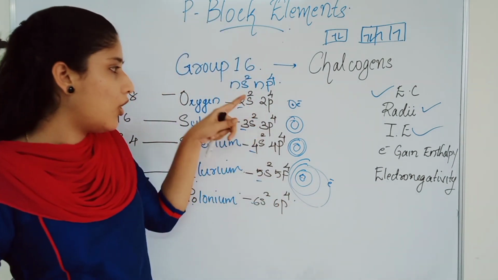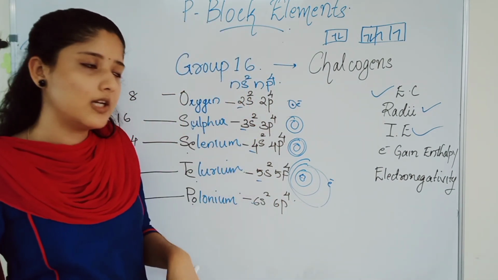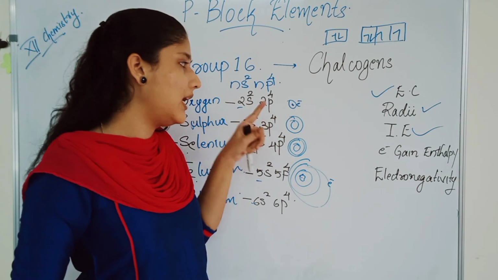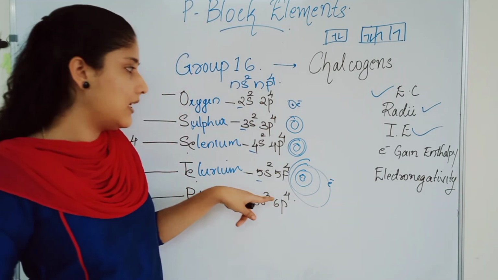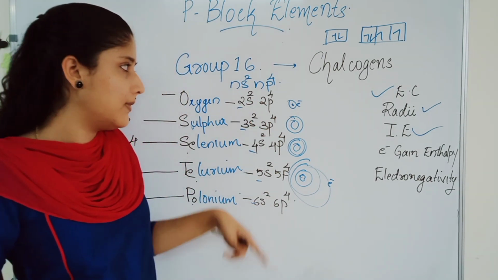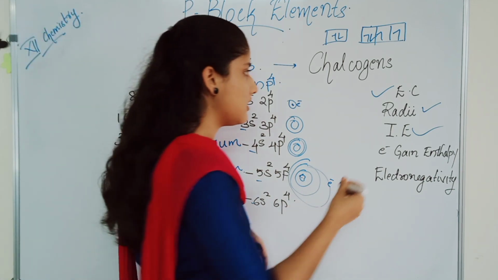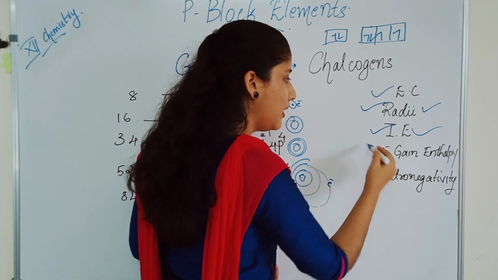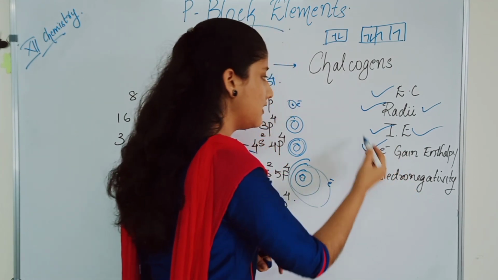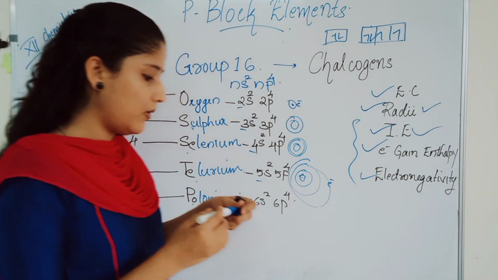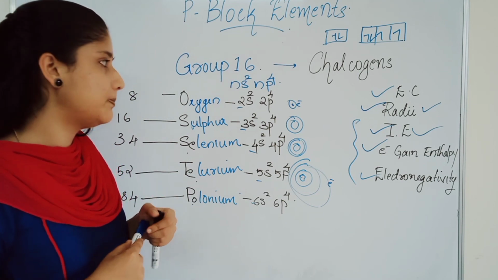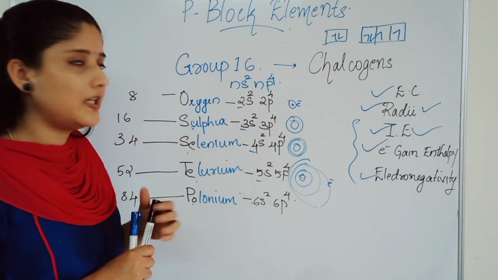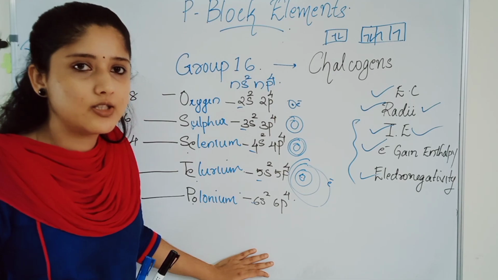So from top to bottom, electronegativity and also electron gain enthalpy decrease. Both these quantities have the same trend. These are the general trends: electronic configuration, radii, ionization enthalpy, electron gain enthalpy and electronegativity in group 16 elements, the chalcogens.